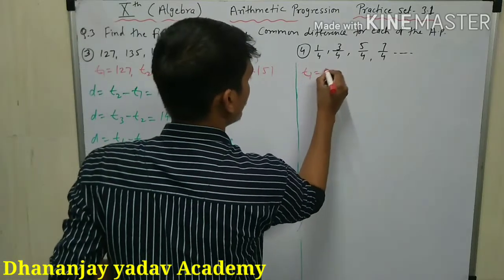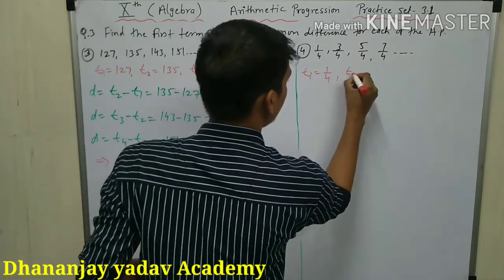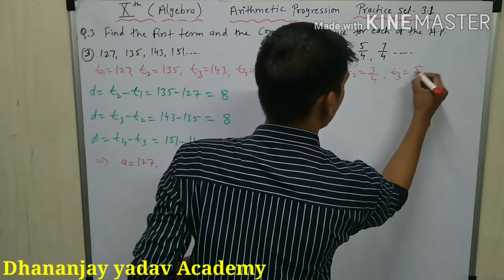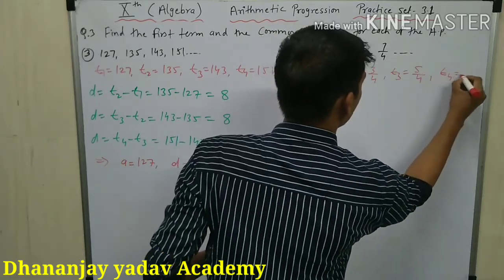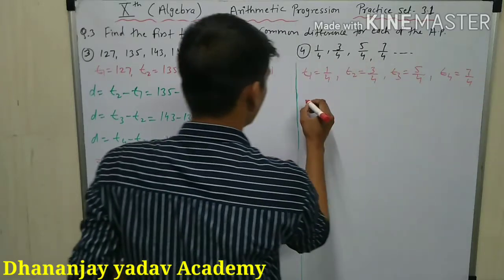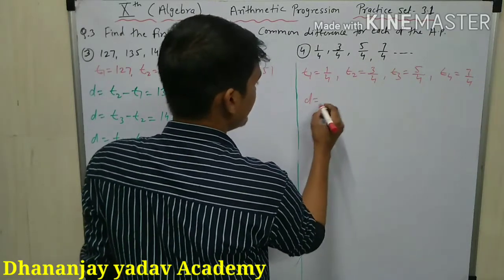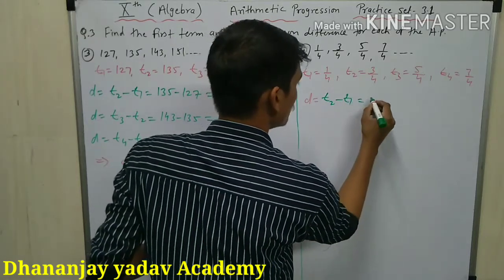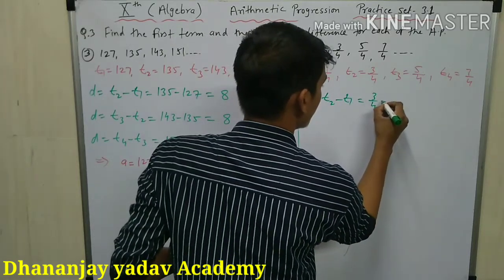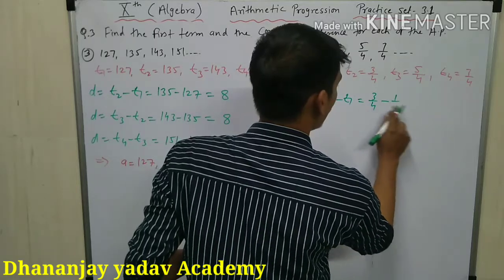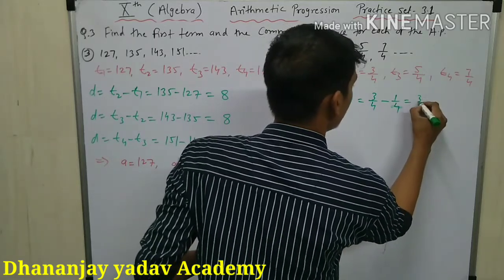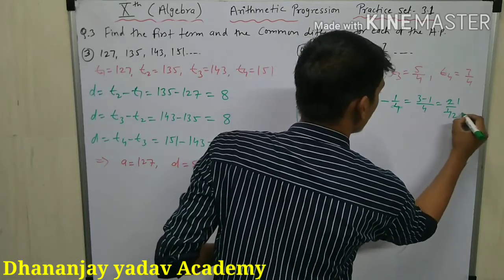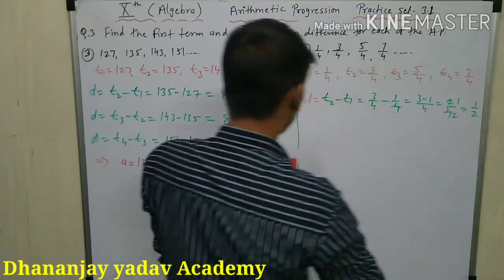You can write here T1 is equal to 1 by 4, T2 is equal to 3 upon 4, T3 is equal to 5 upon 4 and T4 is equal to 7 upon 4. To find out the common difference, D is equal to T2 minus T1, which is 3 upon 4 minus 1 upon 4, which is 2 by 4. 2 ones are 2, 2 twos are 4, so it is equal to 1 by 2.